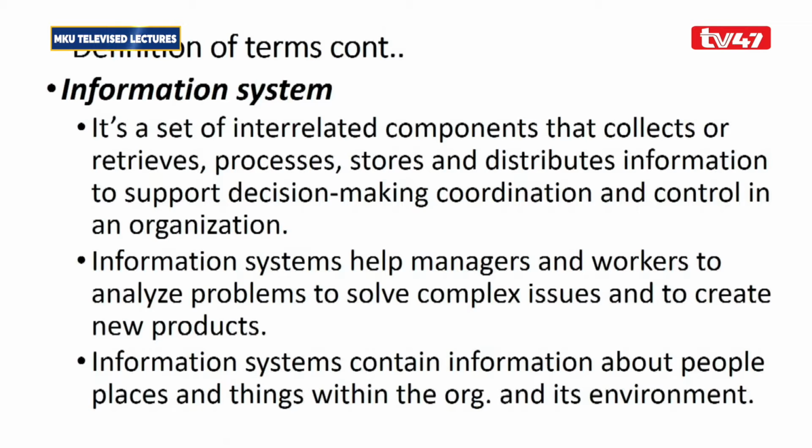It will help people in the organization to make right decisions, to help solve problems, analyze the kind of problems they are dealing with, solve complex issues that they may be experiencing, and of course, remain strategic by maybe coming up with new products, new services that they are supposed to be providing to their customers and even clients. Then an information system contains information about people, places, and things within the organization and its environment.